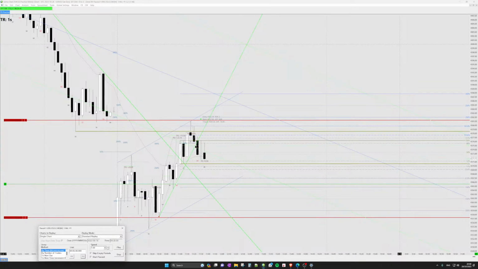Now, 10 points still holding. And there was another test of the break even.